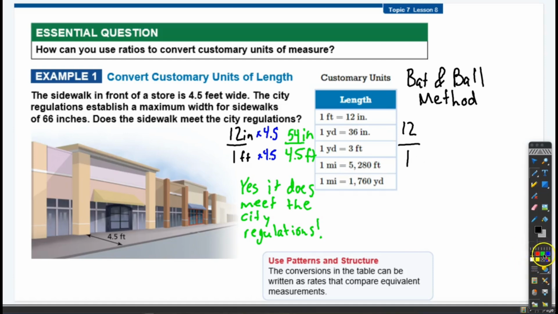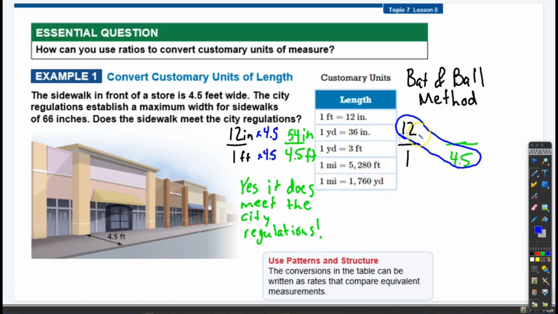I've got 12 to 1. And then, like we know, it's 4.5 over here. I can make that look better. I'm not the best artist, so it may not look like an actual bat and an actual ball. But the bat is drawn around the 2 numbers that are across from each other.